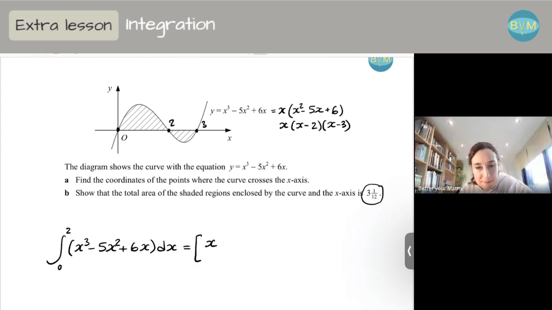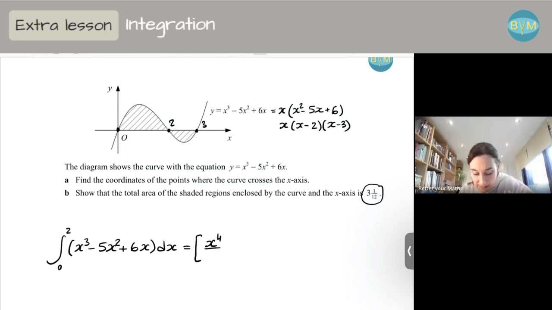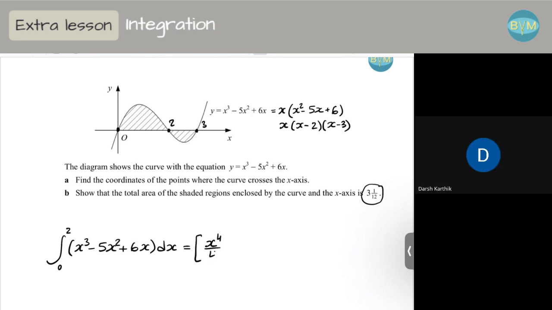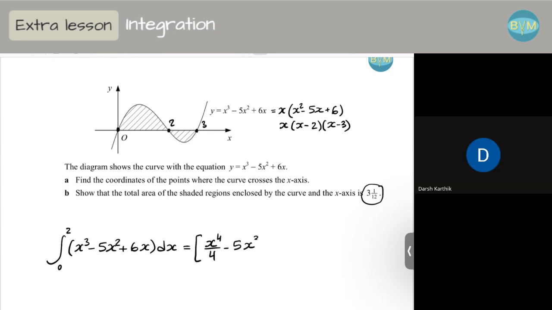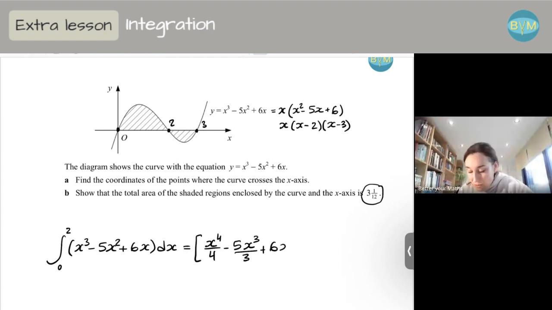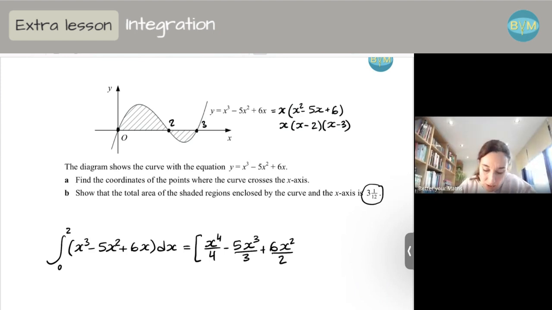X to the power of 4, divided by 4, excellent, minus 5x to the power of 3, divided by 3, plus 6x squared divided by 2. Perfect, that's it. And I'm going to simplify the 6 and the 2, so I'm going to write 3.